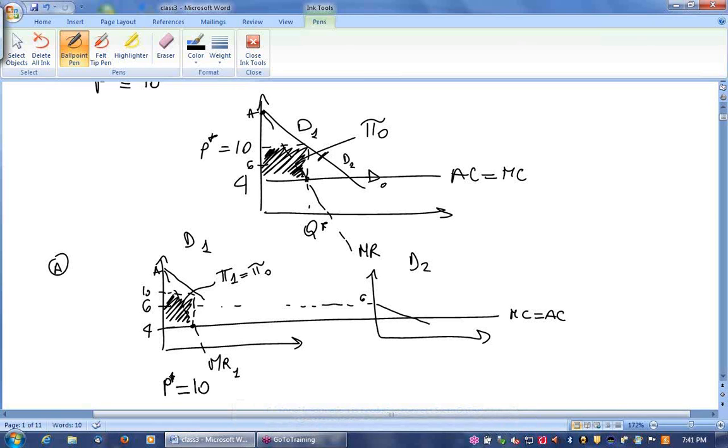Now let's see the second demand curve, D2. We draw the marginal revenue curve. We find where it crosses the marginal cost curve, and we find the optimal price and the optimal quantity. So this small area is pi 2.